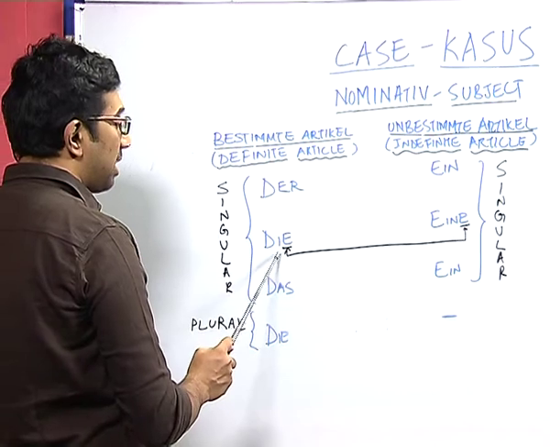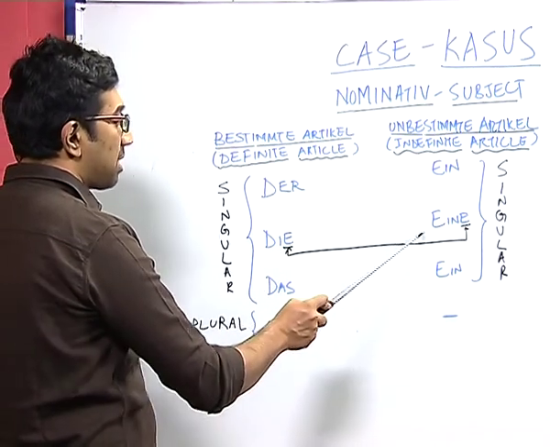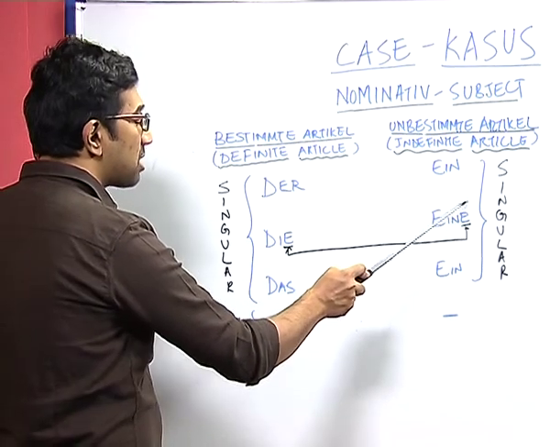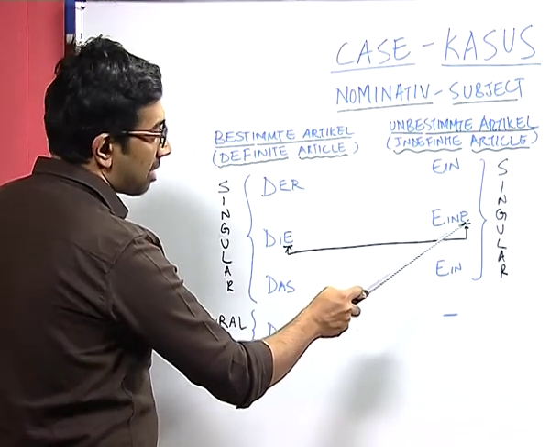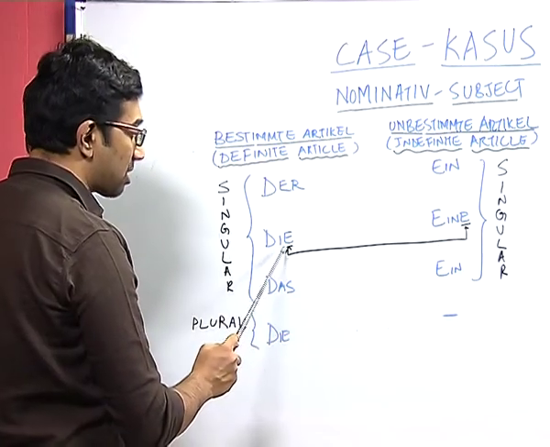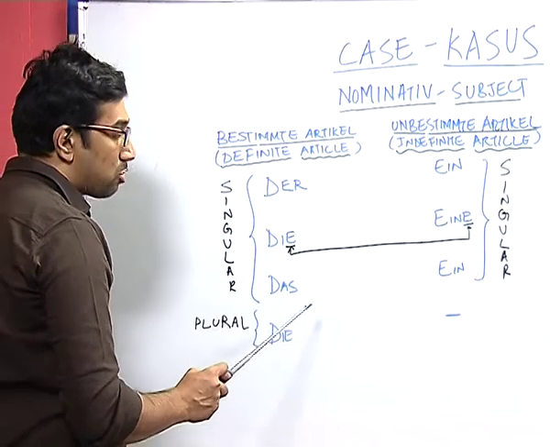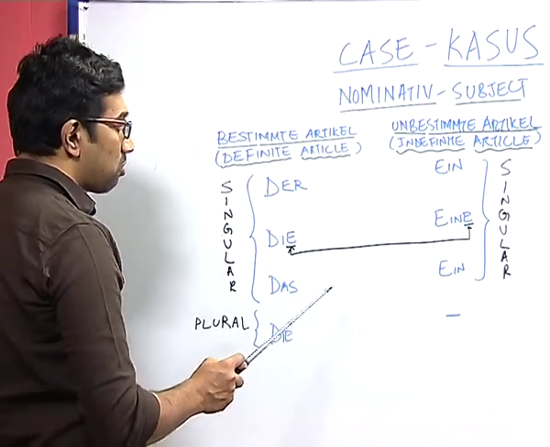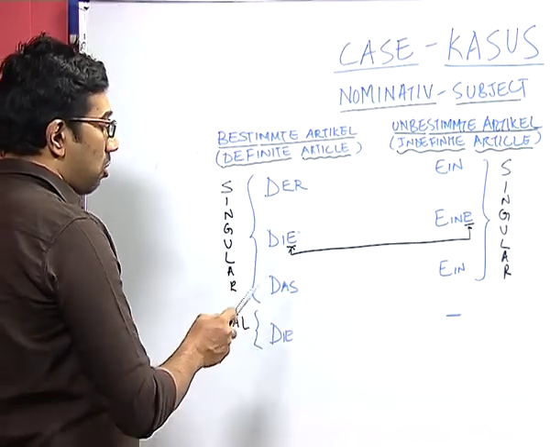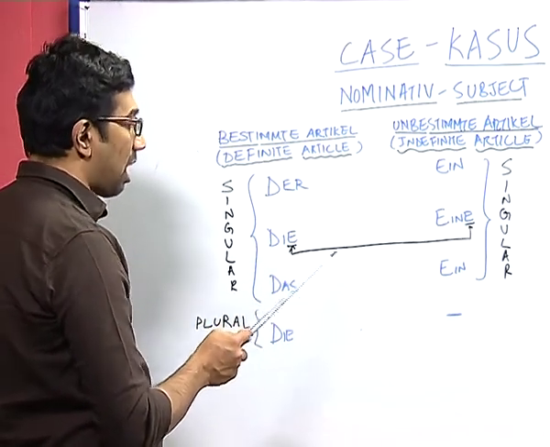However, the definite article die, which is feminine, has the indefinite article eine, which is recognized by the additional e at the end, which I have marked here. So, it is relatively easy to distinguish between a masculine or a neuter article and a feminine article.